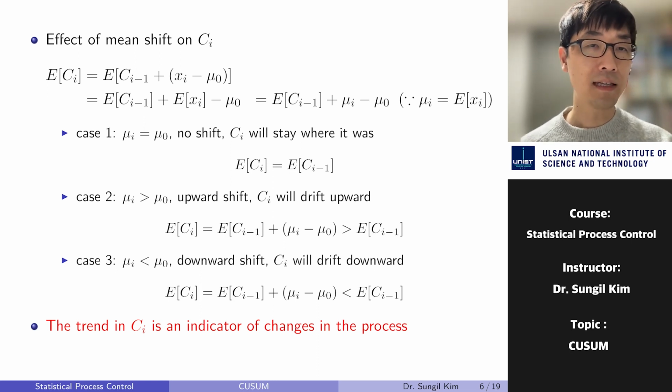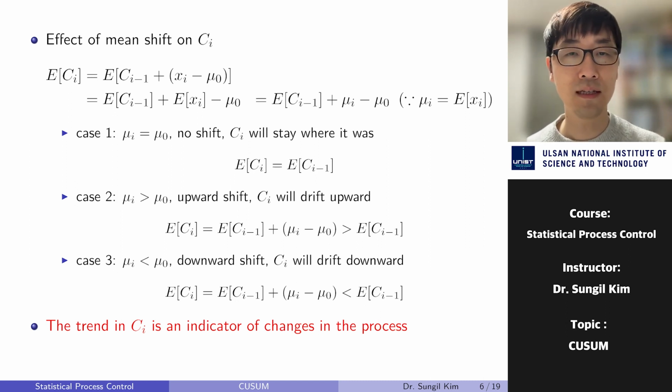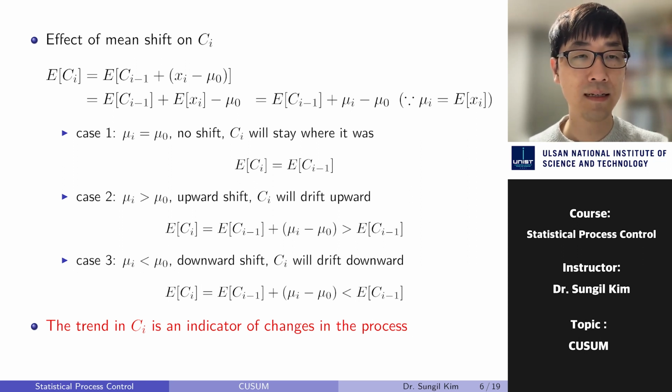The second case is mu i is greater than mu0, which indicates an upward shift, and Ci will drift upward. The last case is mu i is smaller than mu0, which is a downward shift, and Ci will drift downward. And therefore, we can say that the trend in Ci is an indicator of changes in the process.